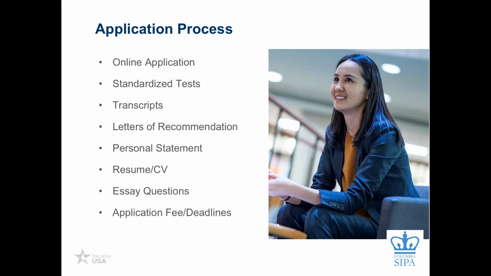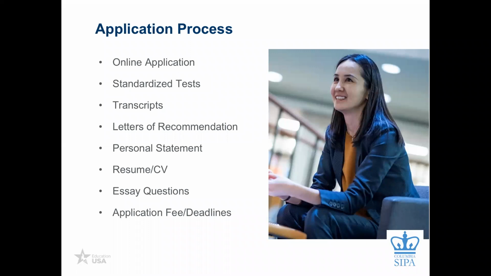Okay, so as far as the application process, regardless of where you are interested in applying, you'll understand that each school will require a standard application, which is typically conducted online. In addition to the online application, you'll also have to see which standardized tests are required. They'll vary for each program and for each school, so you should make sure you review each school for what they accept.